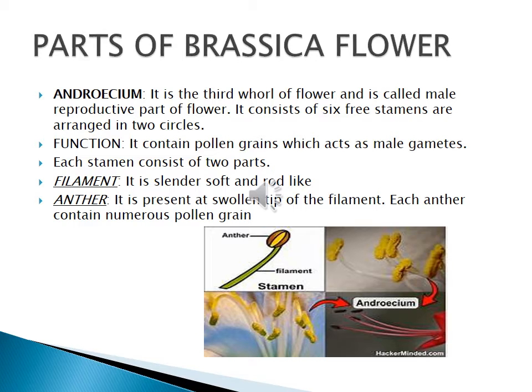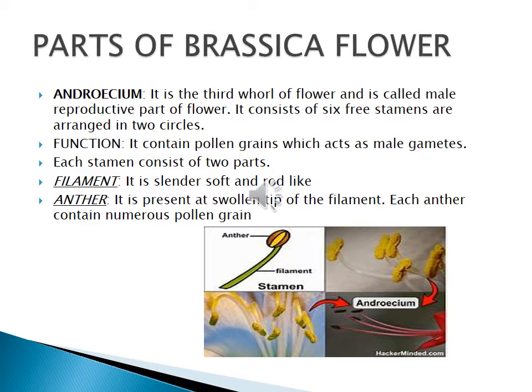Its parts are not leaf-like. The androecium consists of 6 free stamens, which are the male reproductive organs of the flower. The androecium consists of two parts: one is the filament, another is the anther. Students, you can see the diagram, anther and filament.